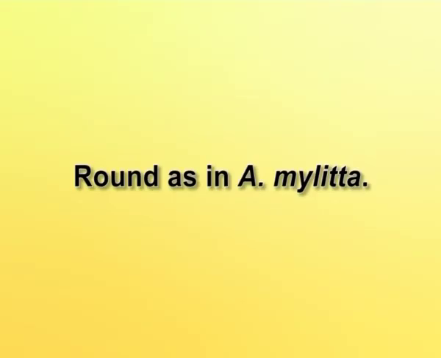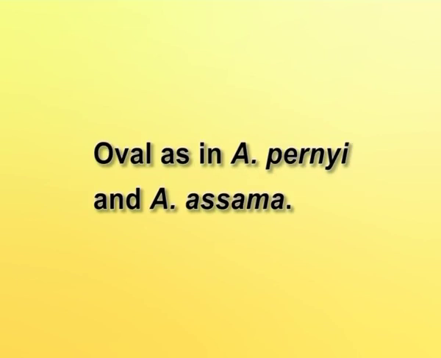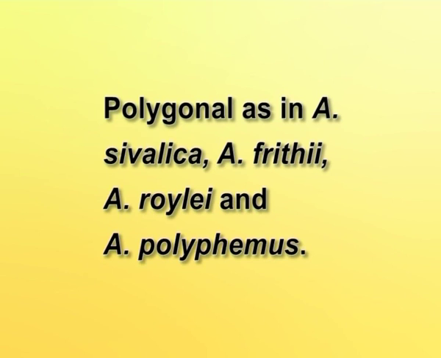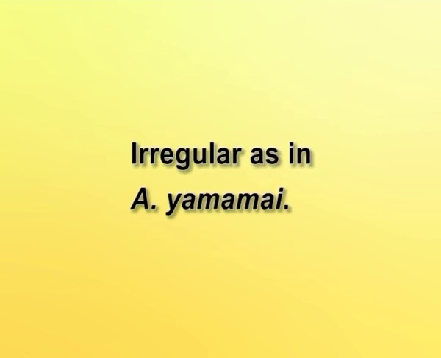On the basis of the shape of the main cells, the imprints can be broadly divided into 4 types: round, as in Antheraea mylitta; oval, as in Antheraea pernyi and Antheraea assamensis; polygonal, as in Antheraea sivalica, Antheraea frithi, Antheraea royli and Antheraea polyphemus; irregular, as in Antheraea yamamai. It is interesting that there is species specificity in the imprints of the disc zone, both in qualitative and quantitative terms.